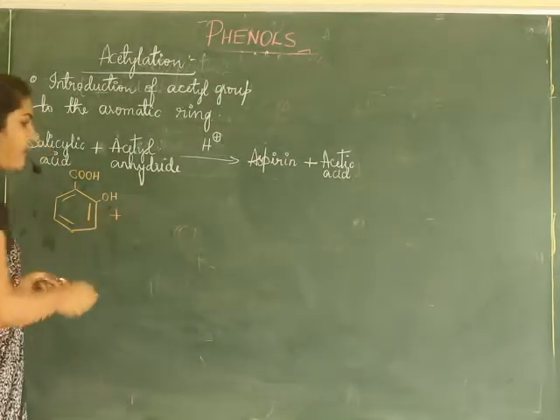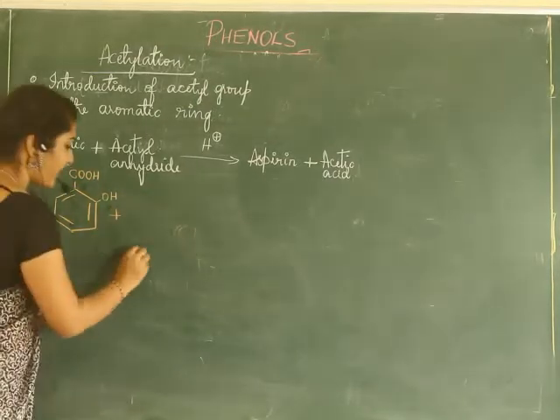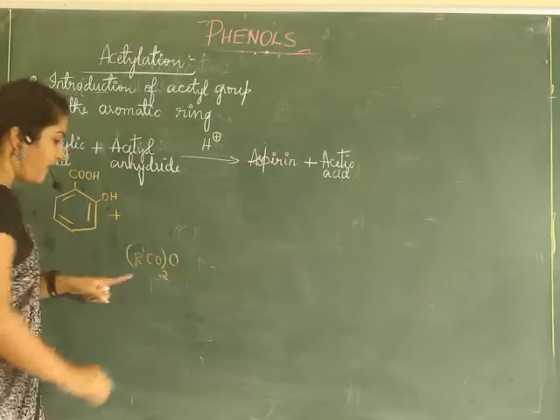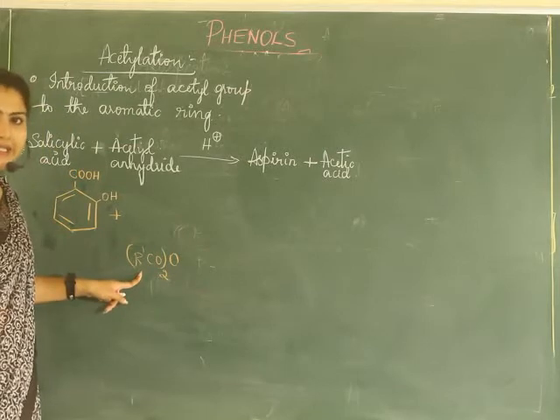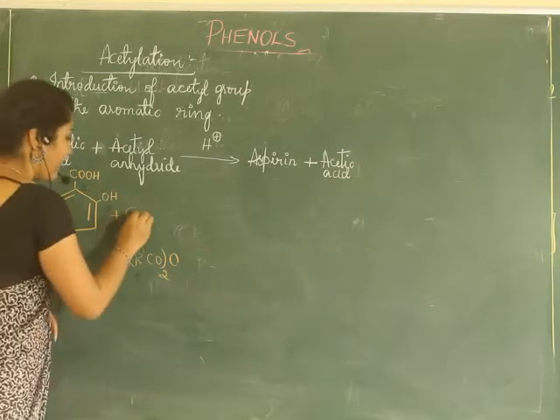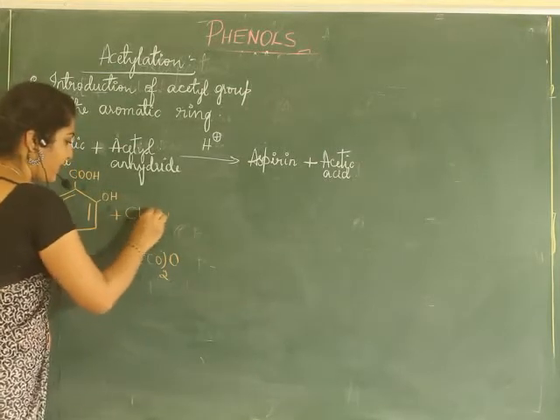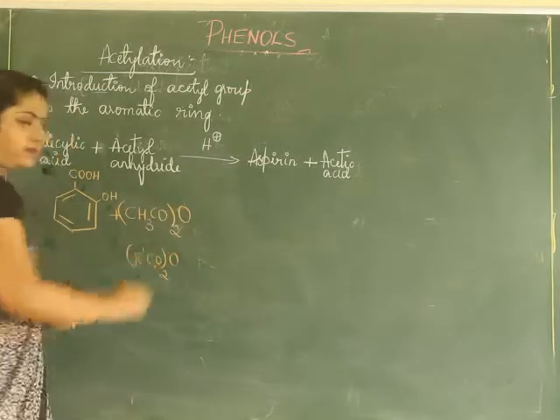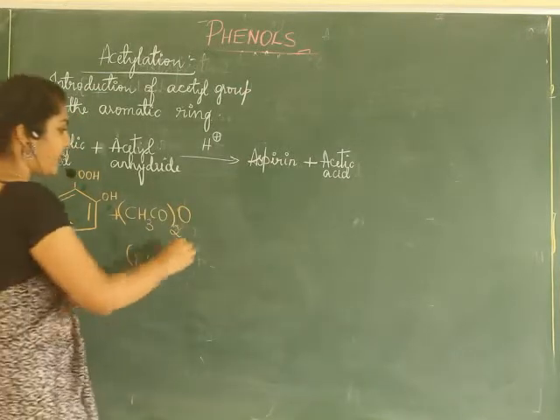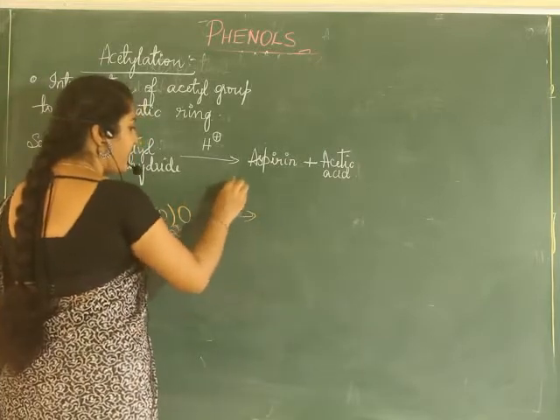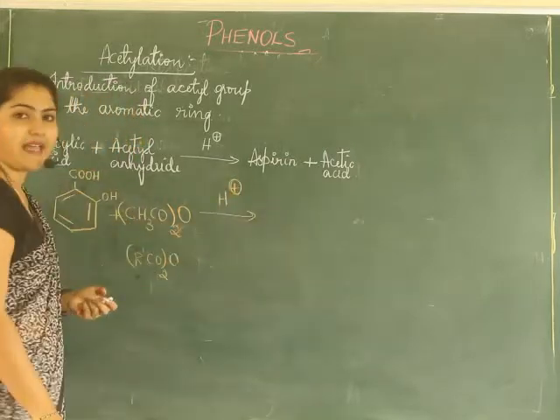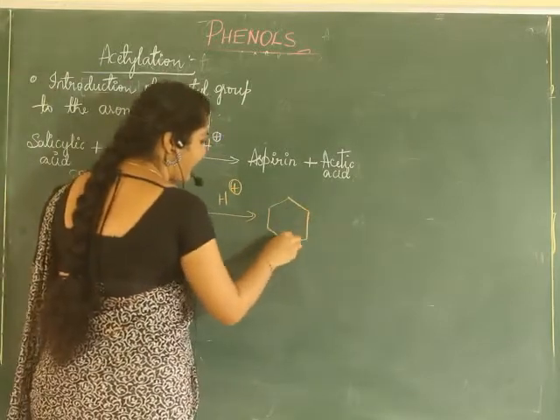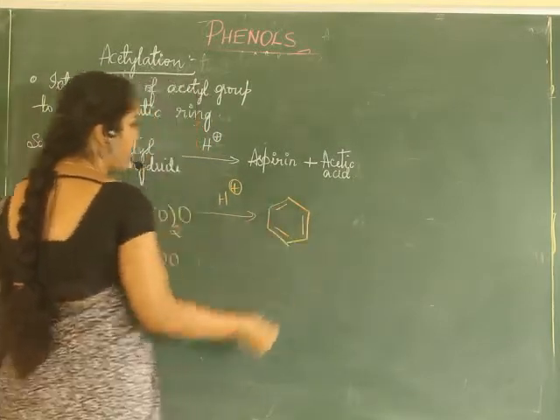In the previous one, we wrote it as R dash CO twice O. Now in the place of R dash, I will take the acetyl group, the methyl group: CH3CO twice O. In the presence of acid medium, it forms acetyl salicylic acid. That is the name for aspirin.